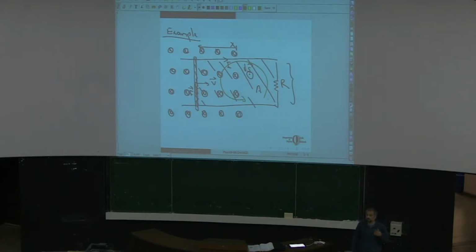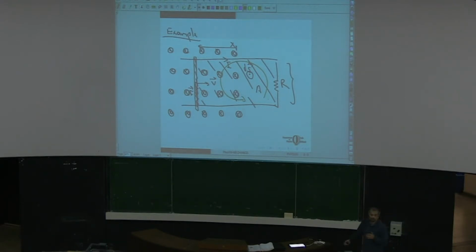So if we find a positive EMF, it means that as a unit charge is moving around this loop, it will be acquiring positive energy. If we find a negative EMF, then it will just tell us that as a positive charge is moving in this direction, there will be a negative EMF acting on it.